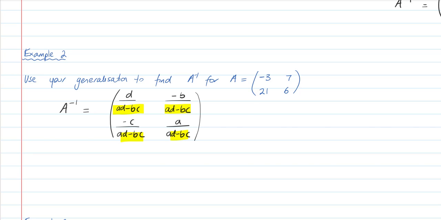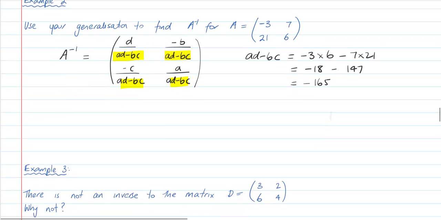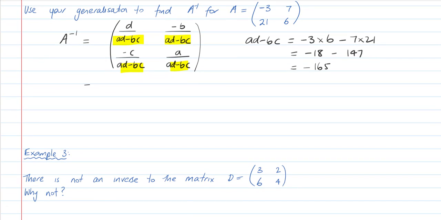So why don't we work it out over here? AD minus BC is equal to negative 3 times 6 minus 7 times 21. Don't know why I picked these numbers, but I did. That gives us negative 18, minus 147, which is negative 165, I believe is our value there. So that was a very clever one to pick. And now I can put that in with my appropriate values.